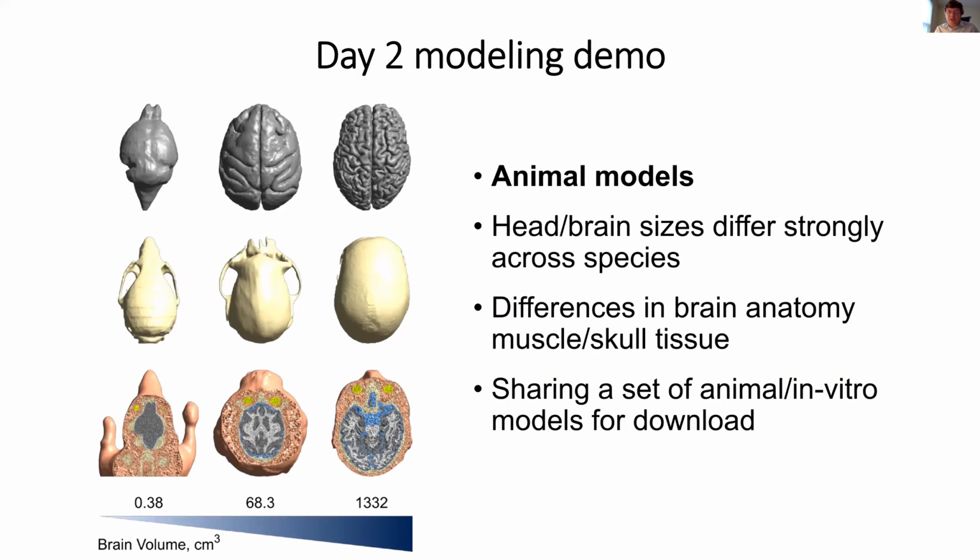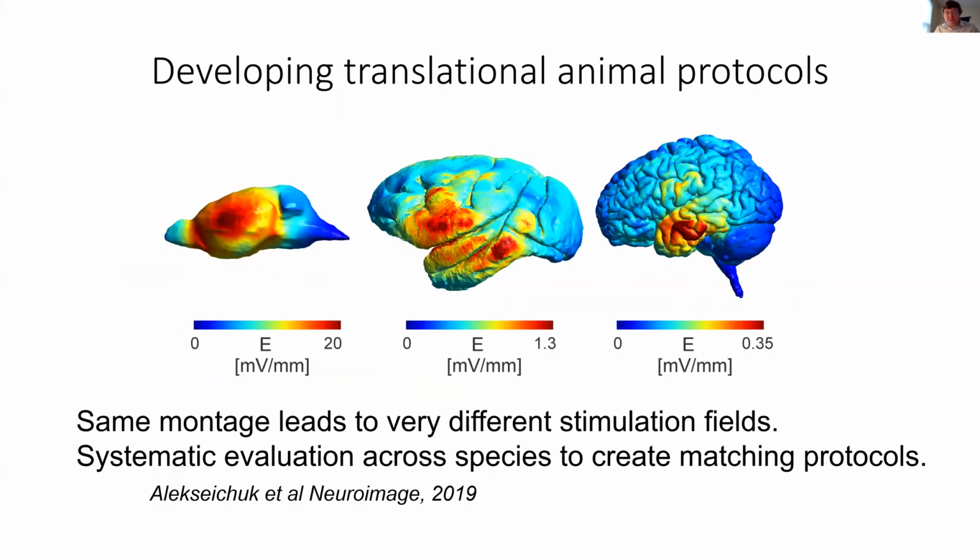I think one has to be really careful about how we translate protocols from animals to humans, because if you apply 1 milliamp tDCS in a human compared to, say, a monkey or mouse, you will have very different electric fields. This is shown here.